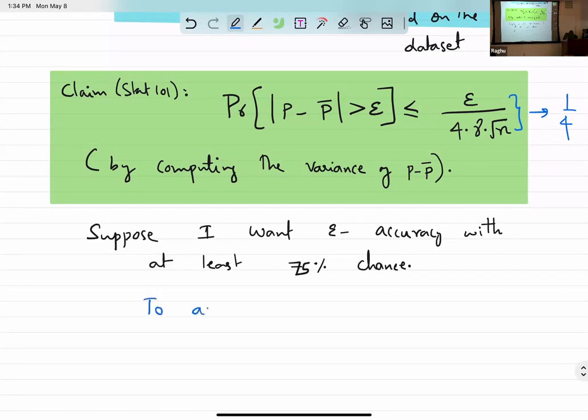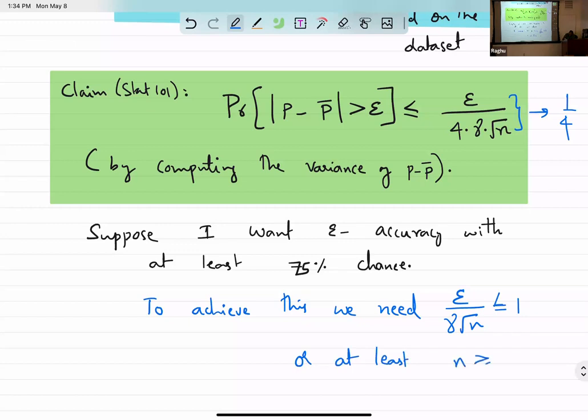So to achieve this, we need... as epsilon decreases, the probability should increase.